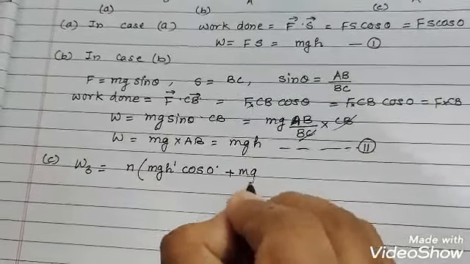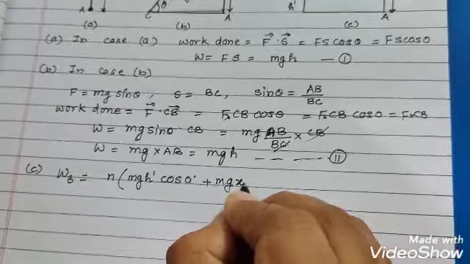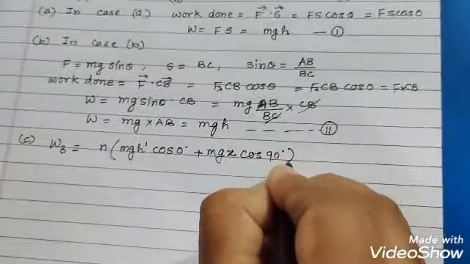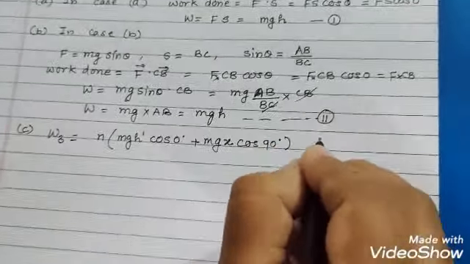So mgx cos 90 degrees, because mg is working perpendicular downward and x is horizontal.